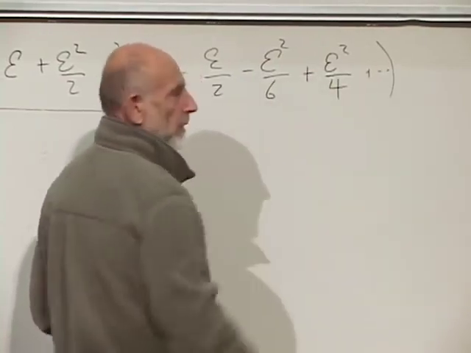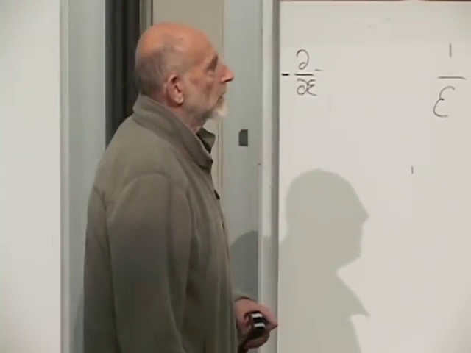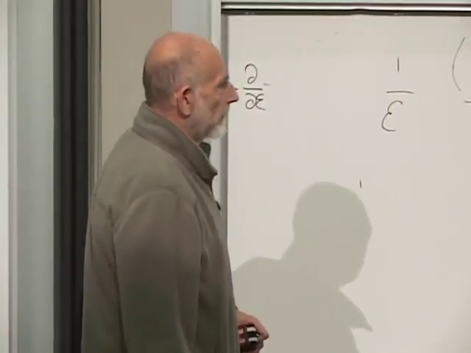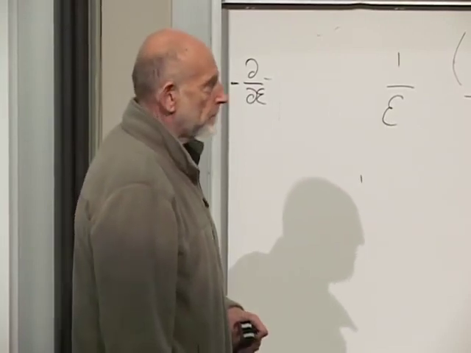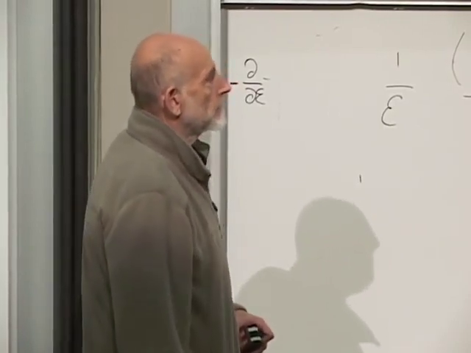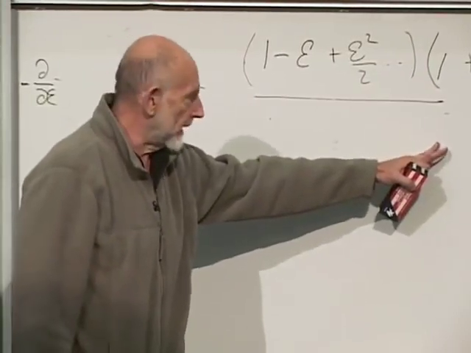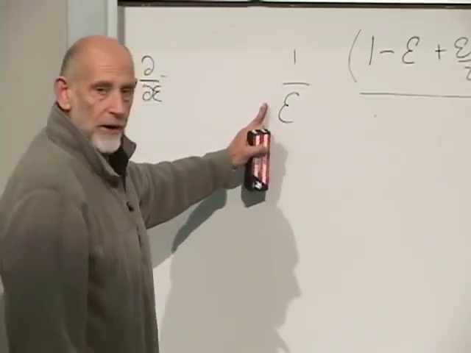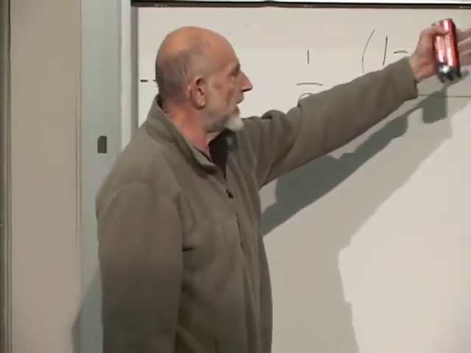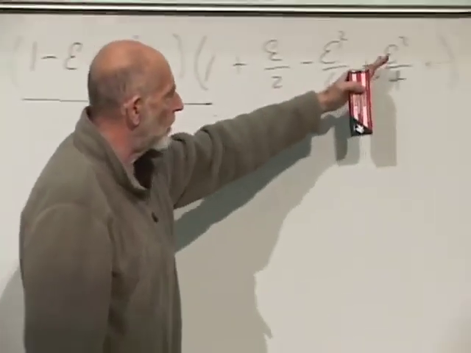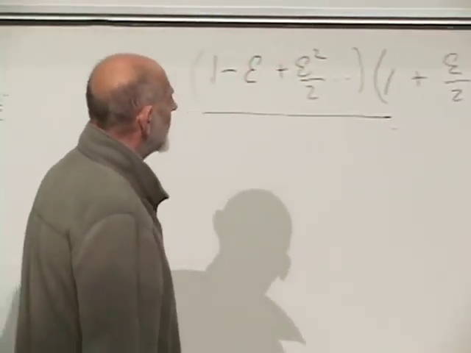Plus higher order in epsilon. The thing which was epsilon cubed in the denominator became epsilon squared when I pulled out the epsilon. I was purposefully keeping everything to order epsilon squared. I know that the next order is not important.